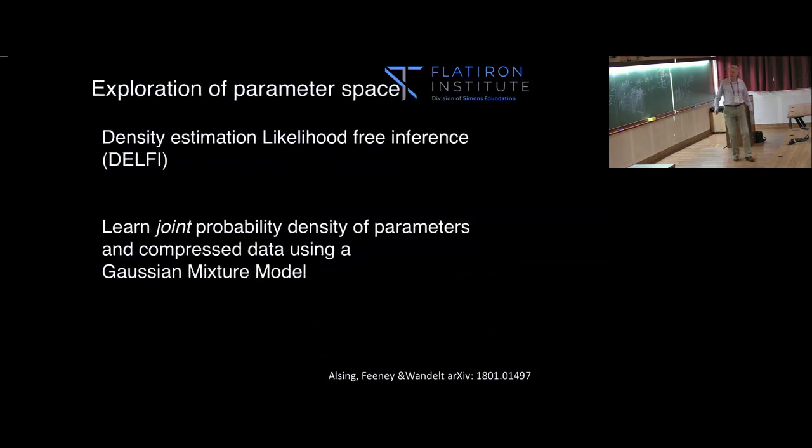then how to explore. So instead of trying to hit the point, we take our favorite diagram, theta and d, and instead of just trying to hit near the data with our simulations, we go into this compressed space and estimate this joint density from our forward simulations.